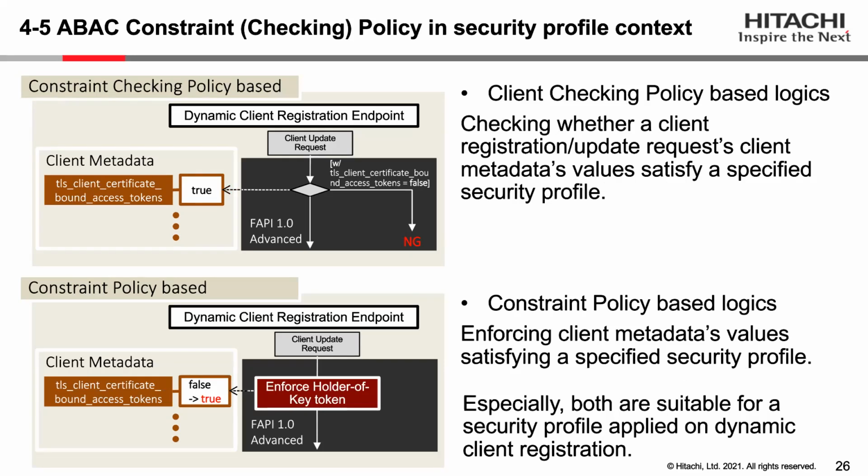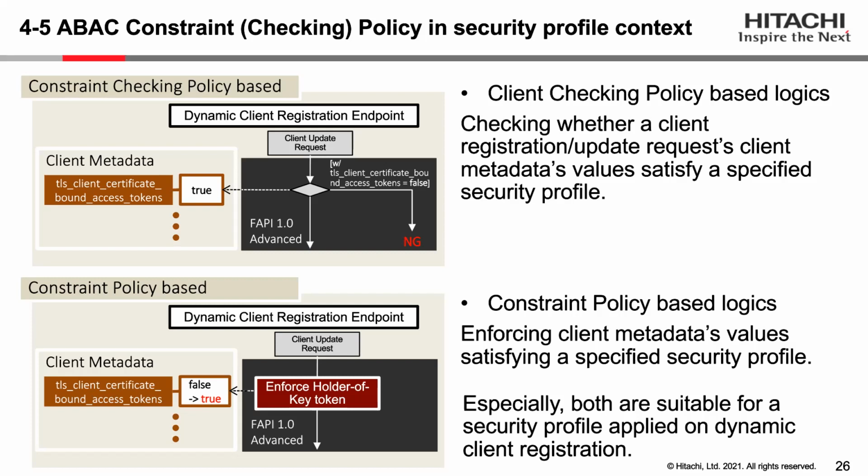Next, I would like to talk about how the constraint checking policy and constraint policy work in the context of the ABAC security profile model. Let's consider the situation where the client and the authorization server want to apply the FAPI 1.0 advanced security profile. Then the client sends a client metadata updating request to the OAuth server with TLS client certificate bound access token set to false.